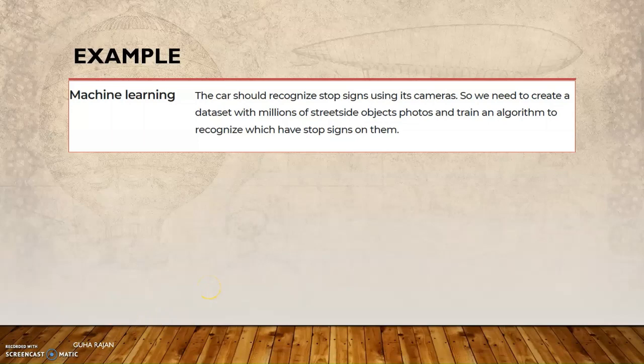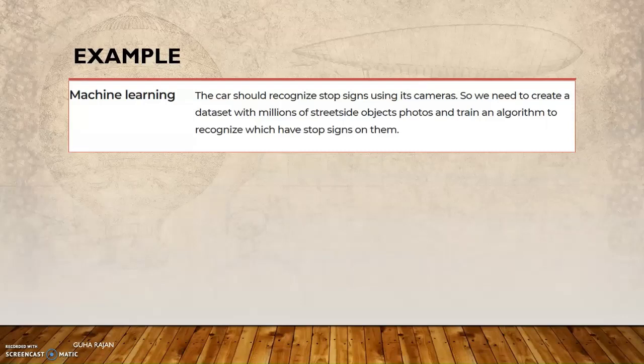Let's look at how machine learning can be applied to the autonomous car or the self-driven car. The car should recognize road signs, whether it is a stop sign or a go slow sign, and at what speed it needs to travel. Naturally it will use cameras for that. The camera feed has to be processed by the respective program, and action needs to be taken, and that is where machine learning is used.